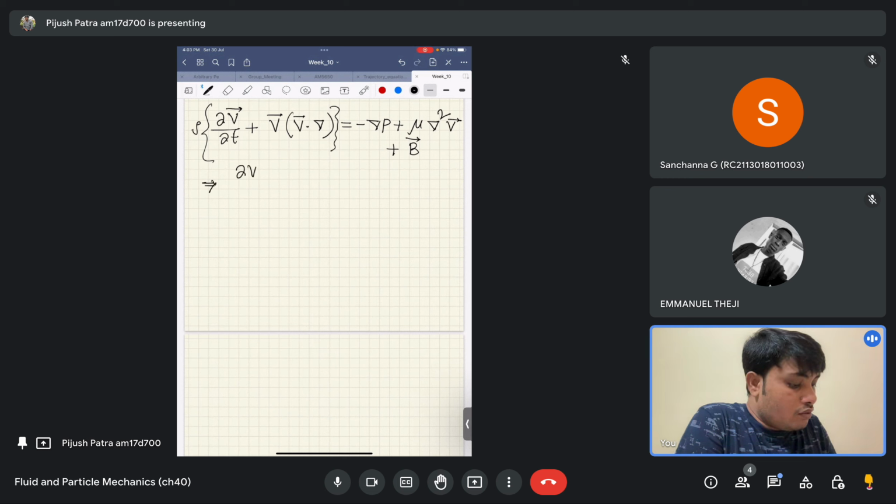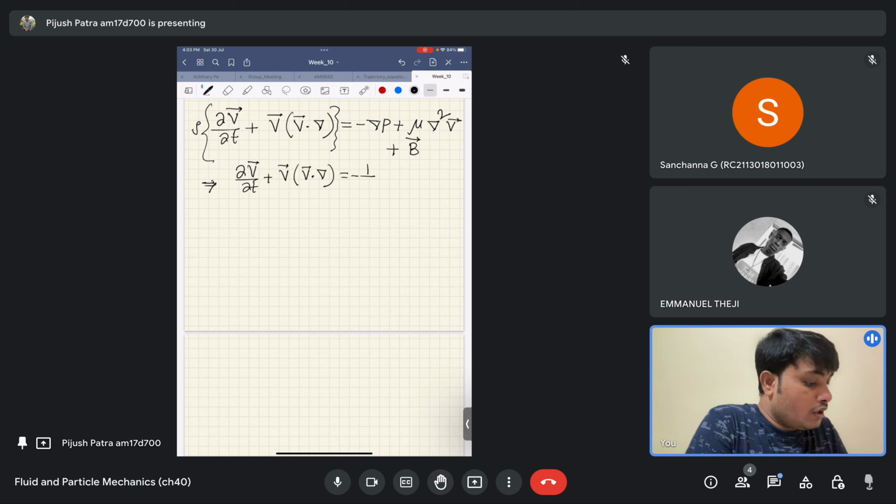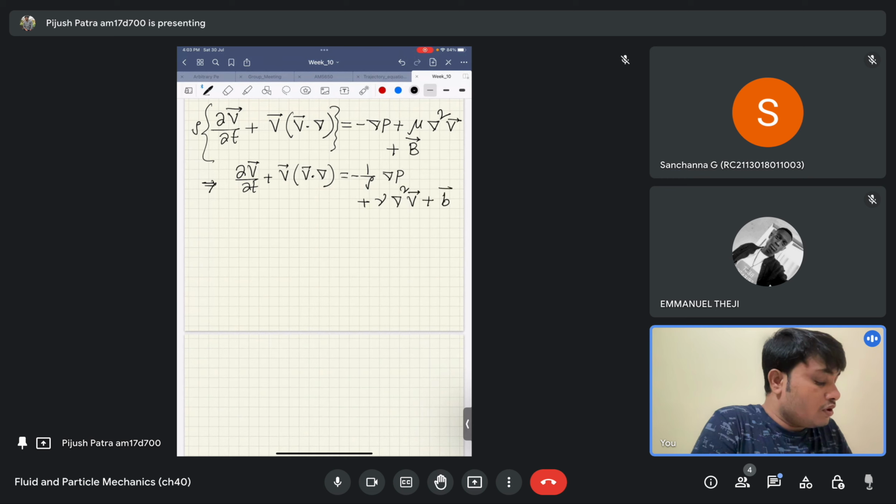So in that case, it will be ∂V/∂t plus V dot del equal to minus 1 by rho gradient of P plus mu by rho, where mu is the dynamic viscosity, rho is the density, and mu divided by rho is the kinematic viscosity. That I guess you know. Plus, let's say, some B. So this B is the body force per unit mass.